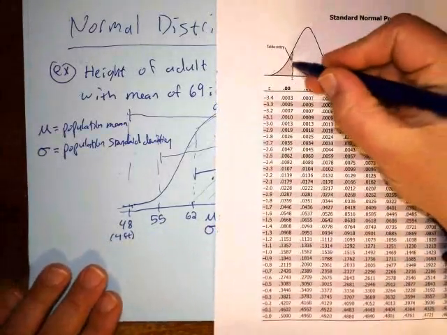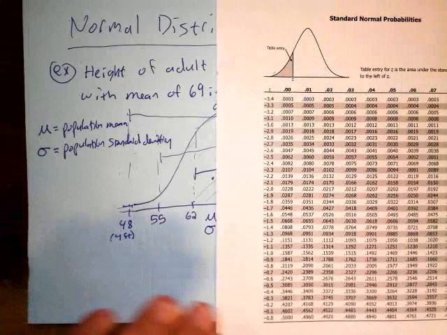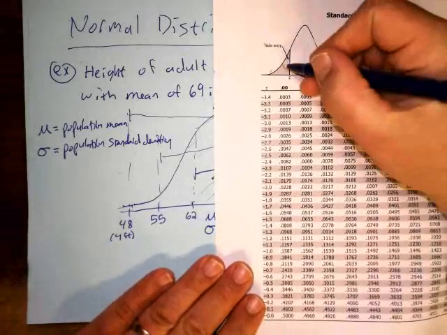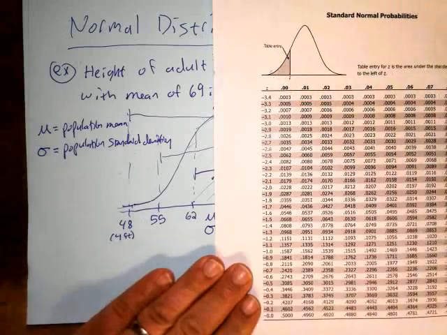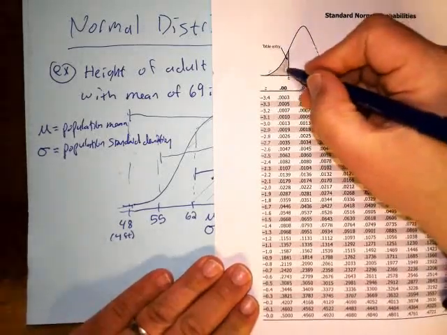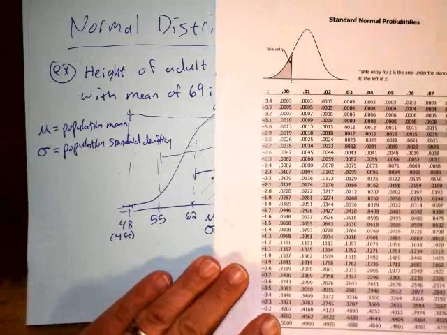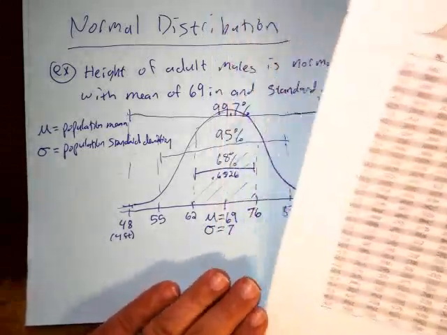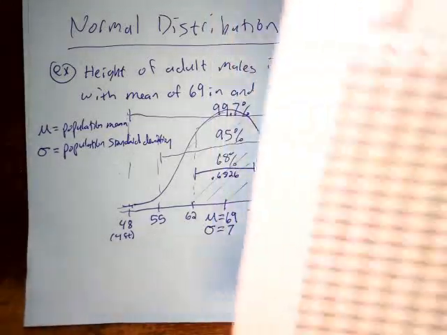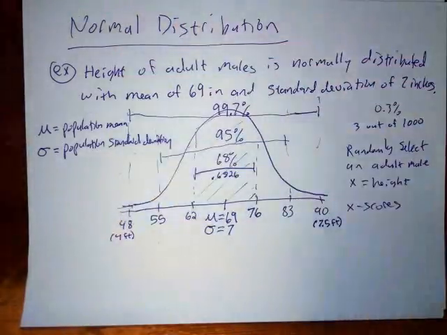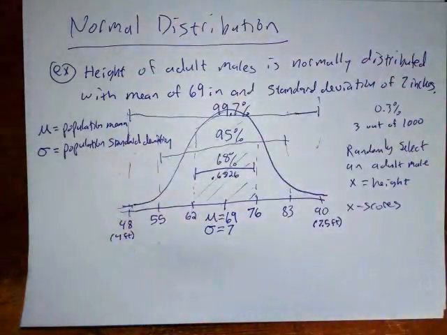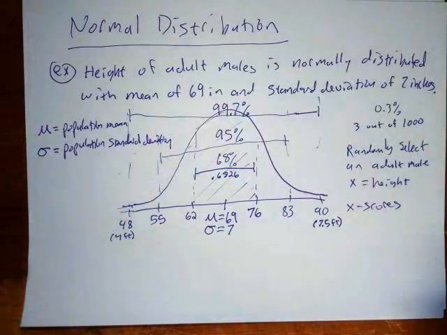If you've taken calculus in high school, you know there's a thing called the integral, which represents the area underneath the curve. Fortunately, we're not going to do any calculus in this class. We're just going to learn how to use this table, so you'll need to stick around for the next video.